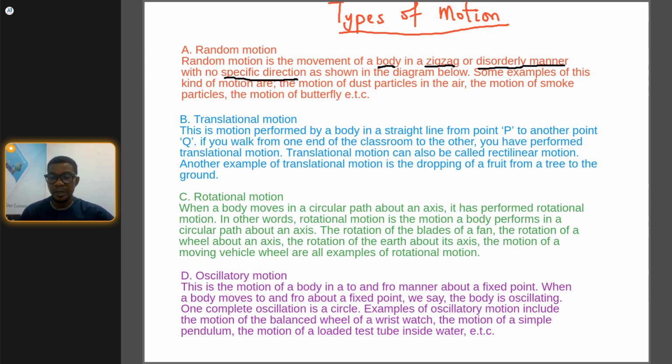Okay, so this is a diagram that explains what random motion is.